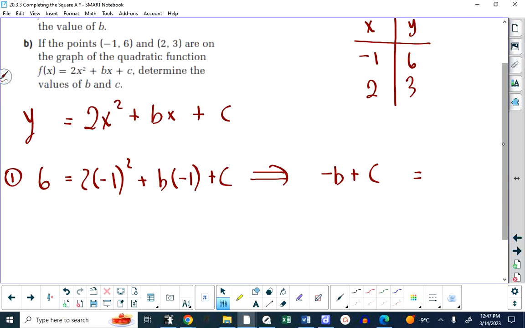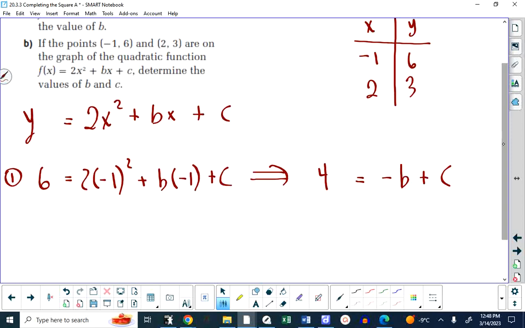I hope you understand that this will be 2. 6 minus 2 is 4. So I get 4 equals -b plus c. Just to avoid any confusion, I'm going to write it in that same way. I wanted to write -b plus c equals 4, but I could see some people bothered by that.